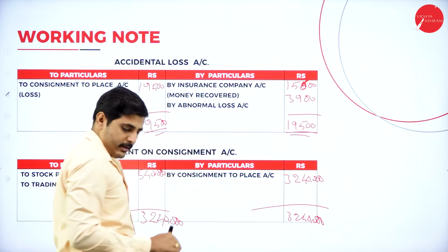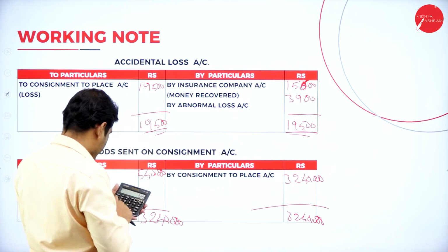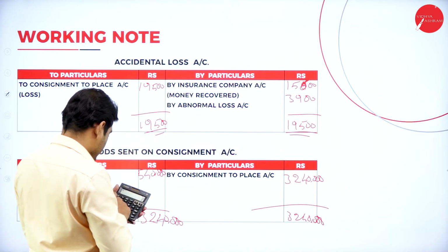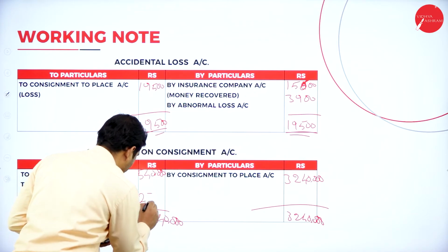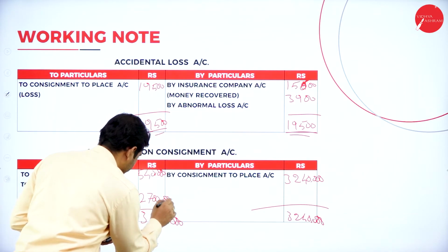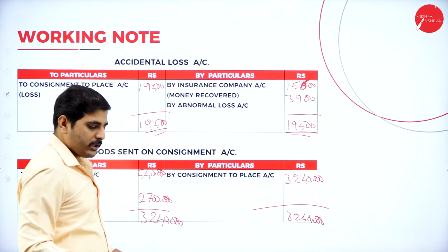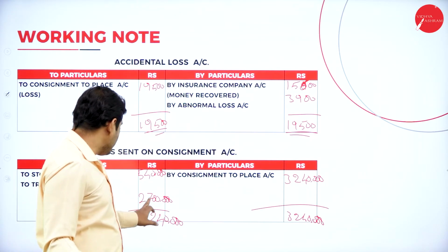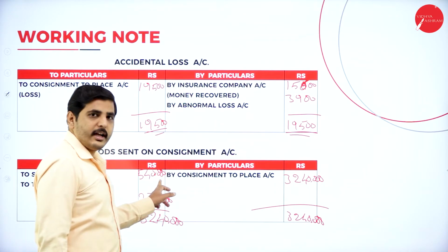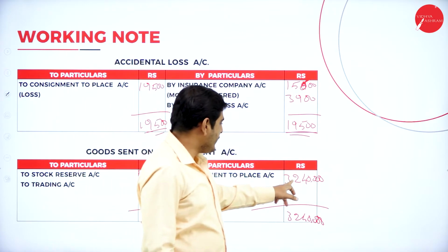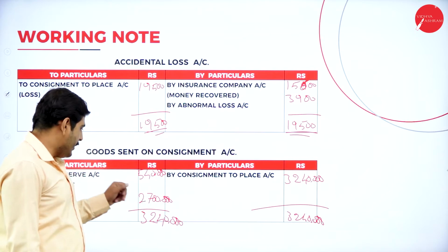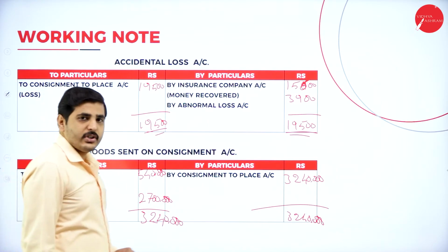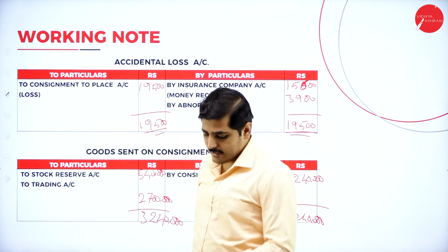So what is remaining? Let's deduct this: 32,40,000 minus 5 lakh, so 27 lakh is trading account. So actual worth of the goods we have sent is 27,40,000. Here we have deducted the loss. So actual invoice price is 32,40,000. Out of that deduct the profit. Remaining is trading account, actual worth of the goods, is 27 lakh.